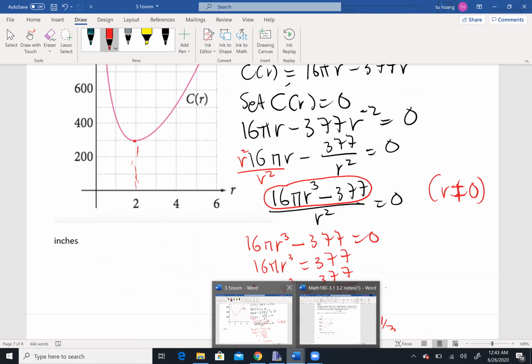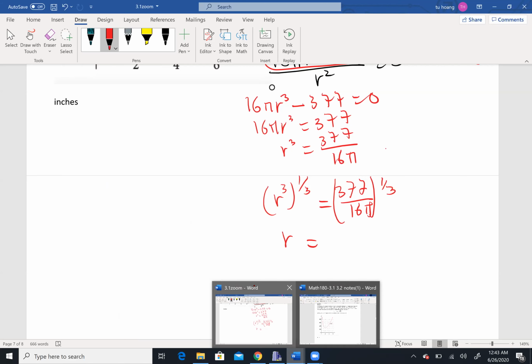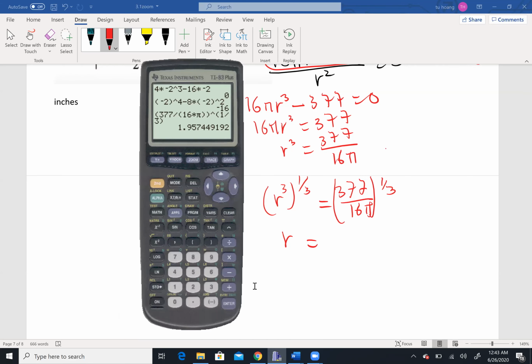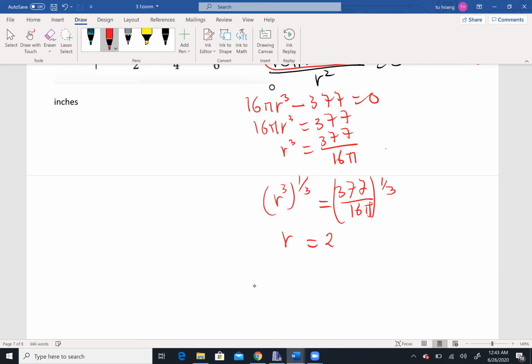The answer is 1.96, right? So it should be 2 inches. And I think that is the answer for this part.